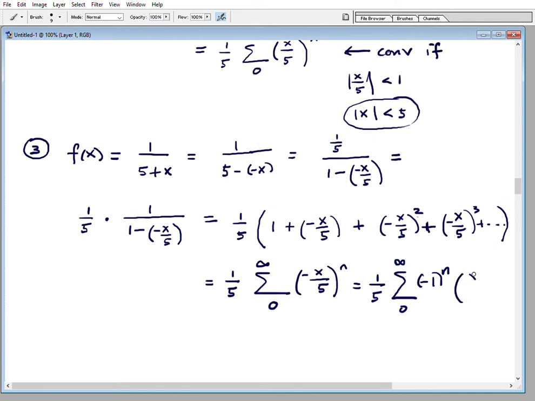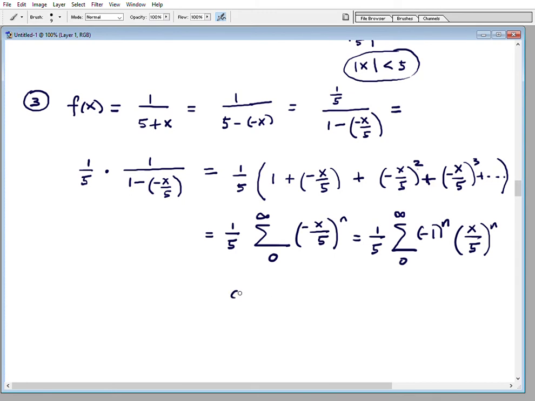And in here we can have x over 5 to the n. And again, we have that this converges if x over 5 less than 1. Okay, or absolute value of x less than 5.